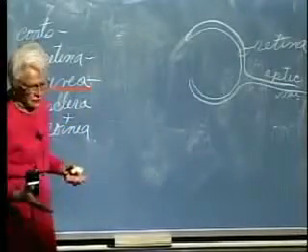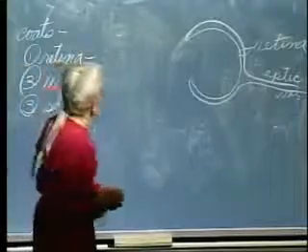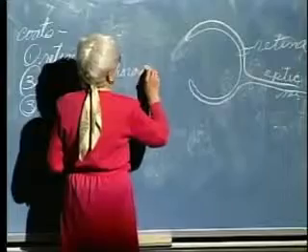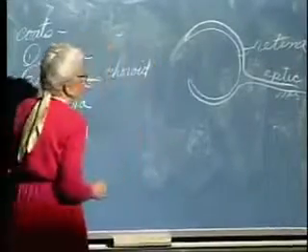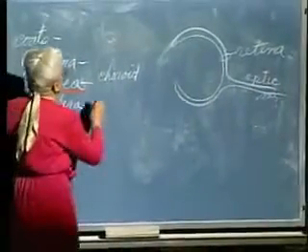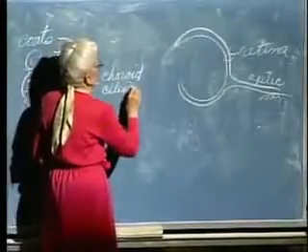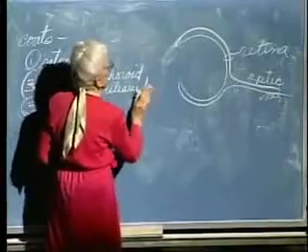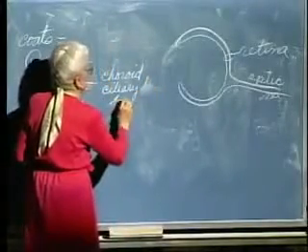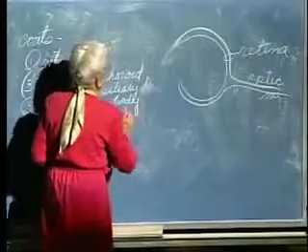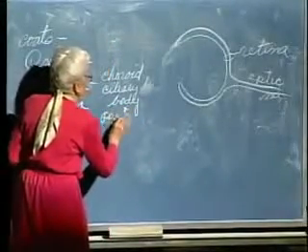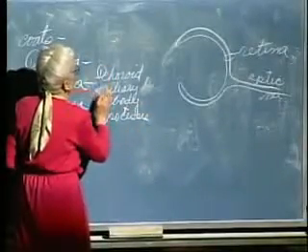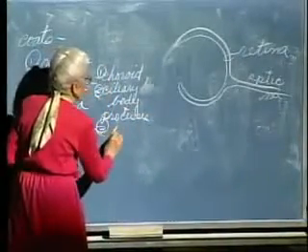It consists of three parts: the choroid, the ciliary body, and processes, and the iris.